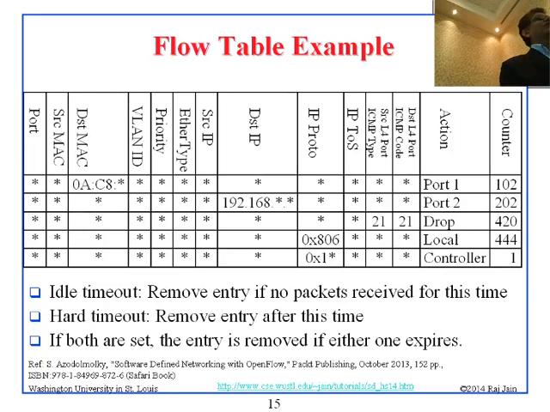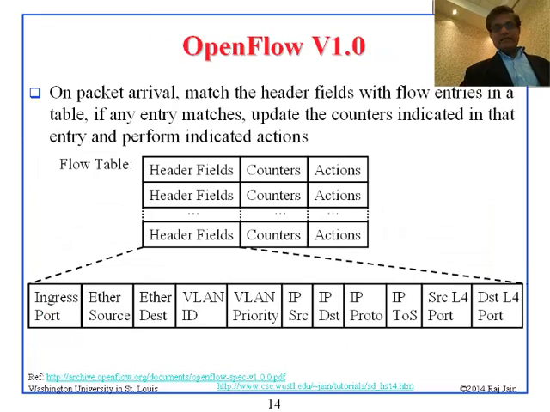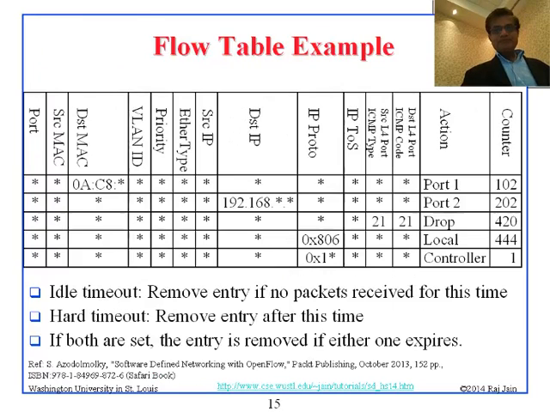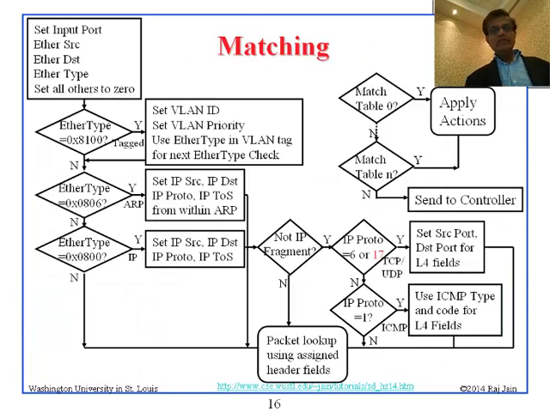See, you can do 1.0 as long as you don't look at the IP addresses, just based upon source MAC, destination MAC, VLAN ID, priority and Ethernet type, you are okay. Because this would be star, star, star, star. Right? And what will happen is, here, you see, this is the part.